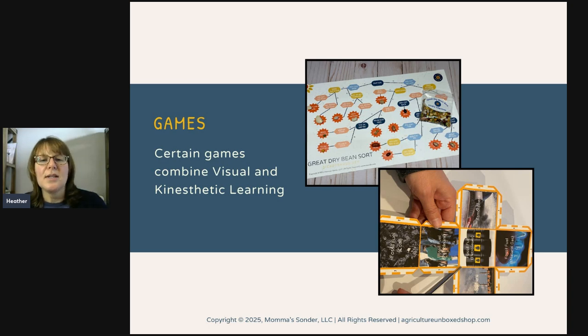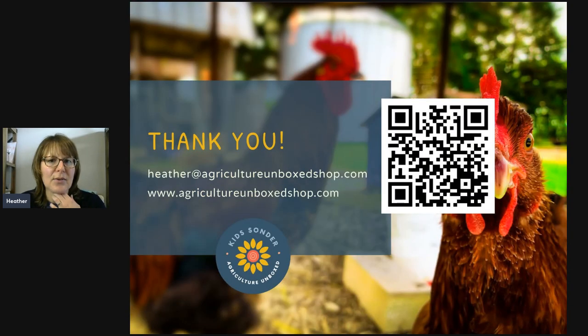The bottom picture is a dice game for the water cycle, the carbon cycle, and the nitrogen cycle. We are using those dice in worksheets and movement to teach the different concepts of those cycles.